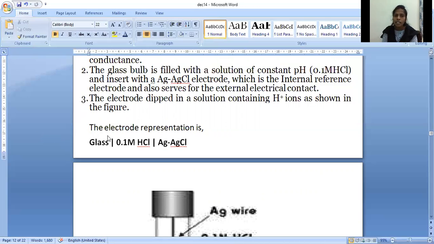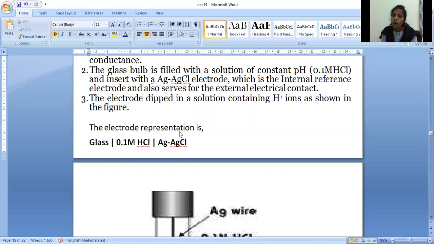So in the glass electrode we are taking 0.1 molar HCl or 1 normal HCl, with a silver chloride electrode. Here we have taken it as the cathode. So for a cathode, how will we write it? Electrolyte first, then electrode.